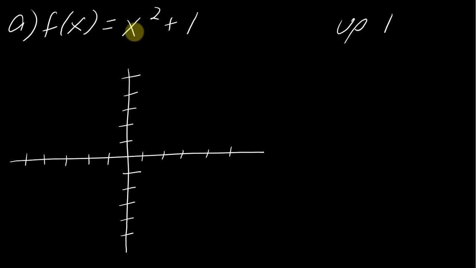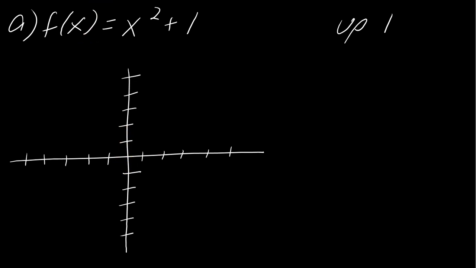Okay, now in another video, I talked about the graph of x squared and some basic points to remember. The graph of x squared normally starts at 0, 0, and then you go out 1 and up 1 in each direction. Now in this case, instead of starting at 0, 0, I'm going to follow this as a direction. I know that this graph needs to move up 1.